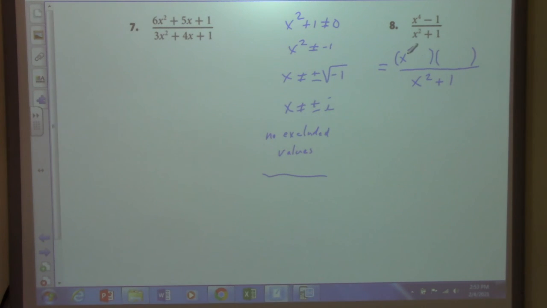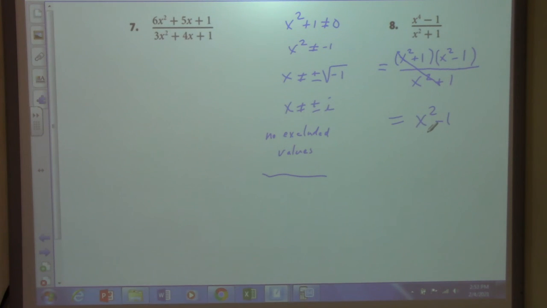So let's go ahead and put x squared, and that's a different square, so we have plus minus, right? And plus minus what? 1. So what happens now? You can cross out x squared plus 1. So what do we have? X squared minus 1.